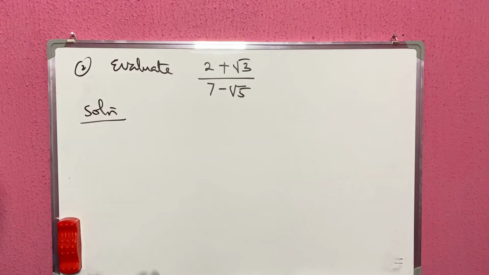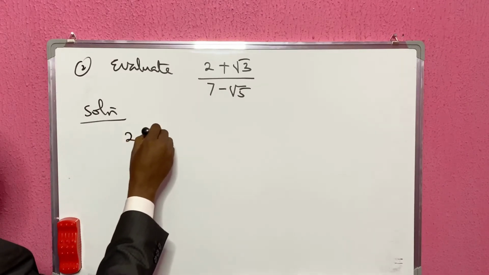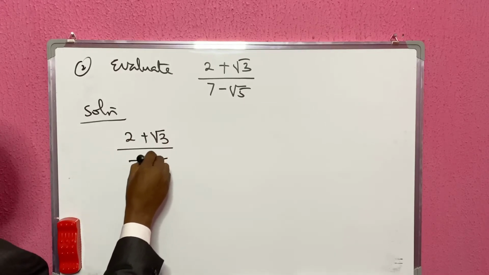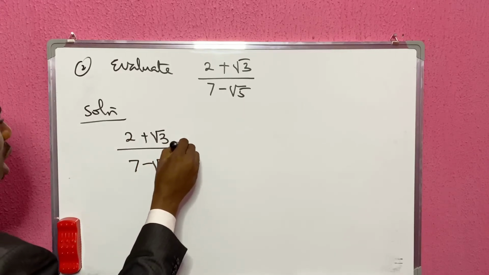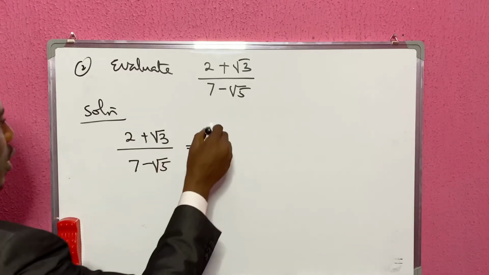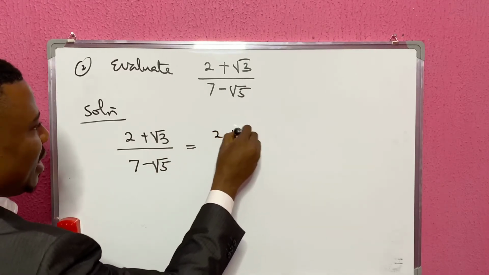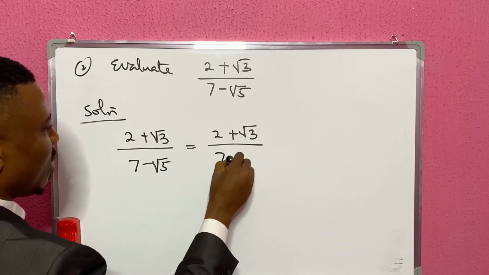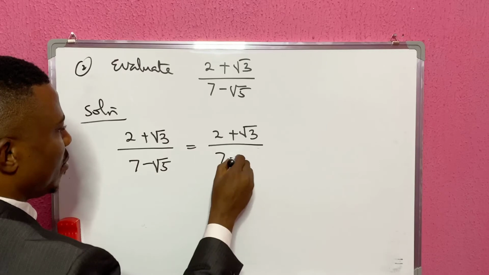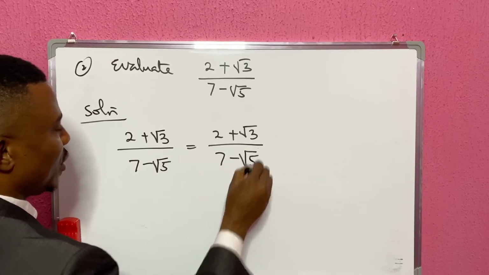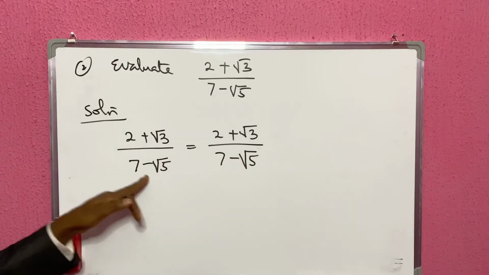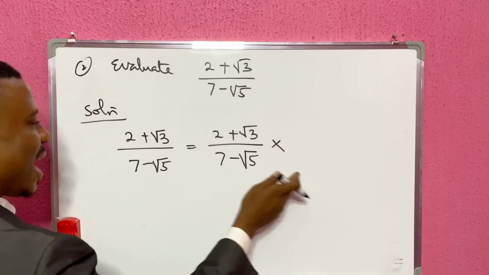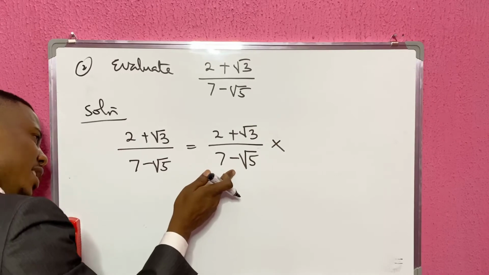You will say 2 plus surd 3 all over 7 minus surd 5. What will you do? The denominator is very irrational. So we will have to make sure that we rationalize this to have a rational denominator. So to do that, you multiply the numerator and denominator by the conjugate of the denominator.